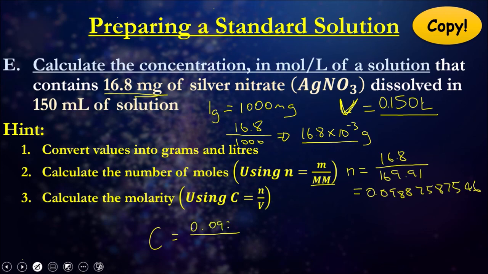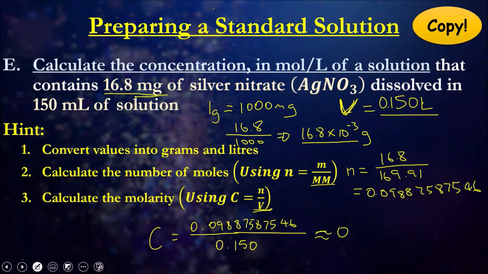If I then want to work out the concentration of the standard solution that I've created, just substitute the number of moles you found above over the volume. We found that the volume is 0.15 liters. And so the concentration is 0.6, to 3 significant figures, moles per liter.